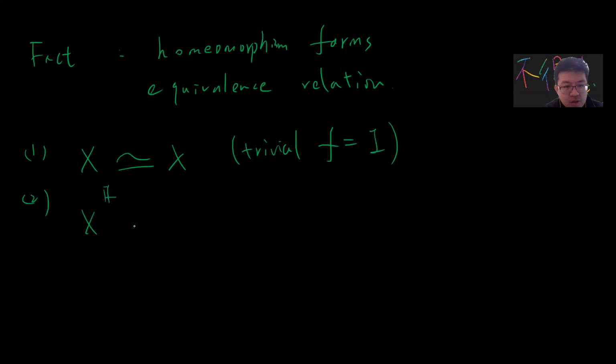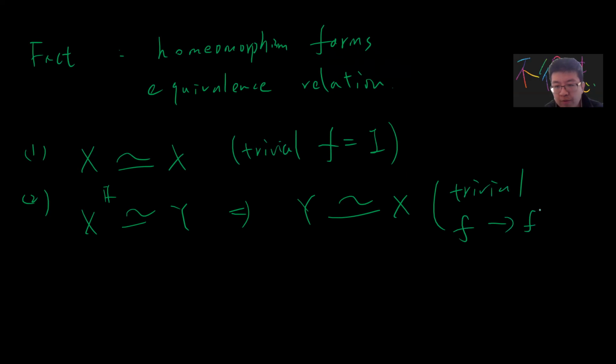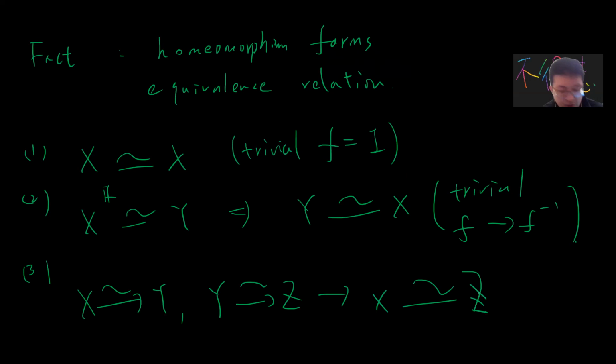If X is homeomorphic to Y, then Y is homeomorphic to X. The proof is also trivial because you can replace f by f inverse. And third, if X is homeomorphic to Y and Y is homeomorphic to Z, then X is homeomorphic to Z. Use function composition: if you have f and g, you can take g circle f.